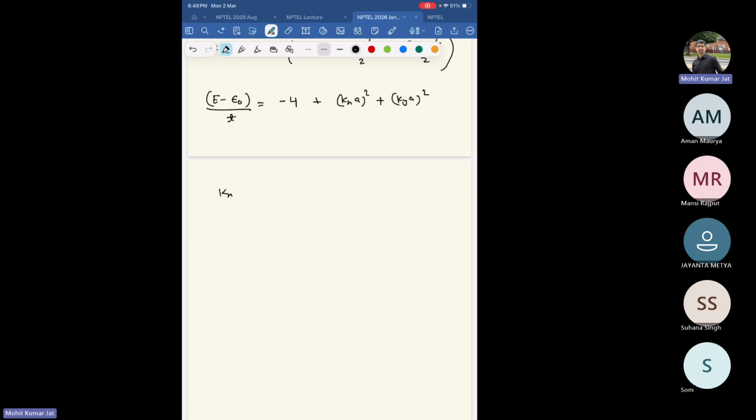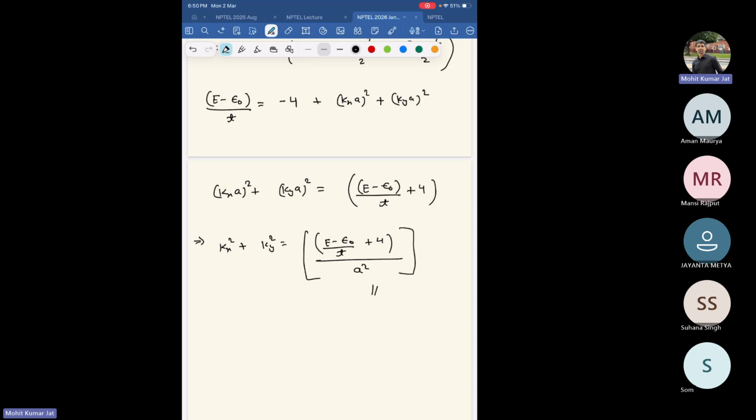So this is essentially kxa square plus kya square is equal to E minus E naught by t plus 4, and what we get is kx square plus ky square is equal to E minus E naught by t plus 4 by a square. Let's call this quantity maybe c.